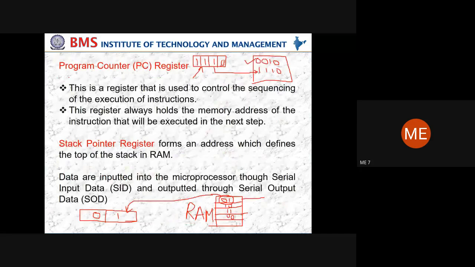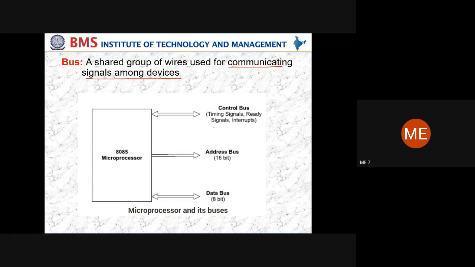This register always holds the memory address of the instruction that will be executed in the next step. Therefore, the program counter register holds the address of the next instruction that you are going to carry out.